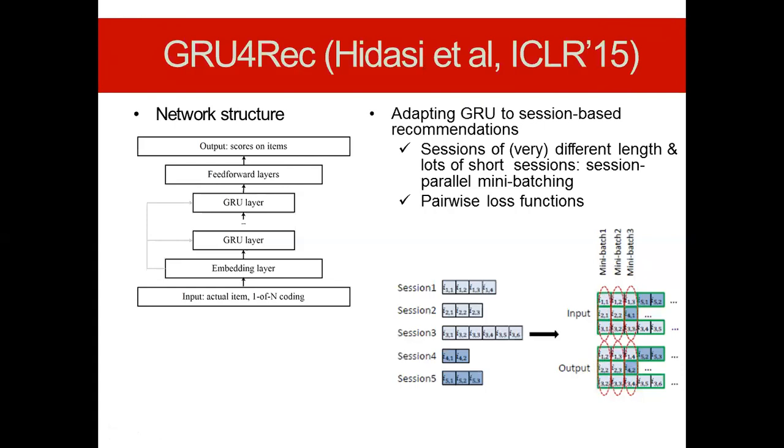But in a session, a user may only click on very few items, let's say 2 items. In other cases, they may click on hundreds of items, so it's a very large variance. Instead of looking at the in-sequence clicks, this paper looks at the cross-session clicks. That's one modification. The second one is they use pairwise loss function instead of a pointwise one.